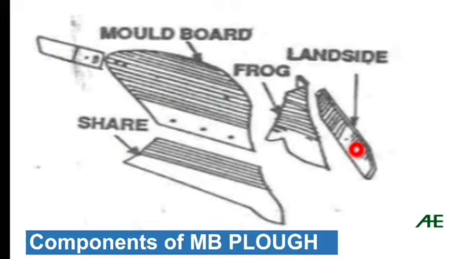Next one is the landside. Landside is the attachment to the shear and the moldboard. It experiences the rear side lateral thrust. So whatever pressure is applied by the furrow, when the shear penetrates in this direction, the soil will have some pressure opposite to this implement.